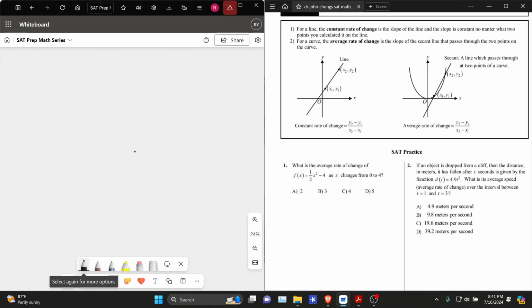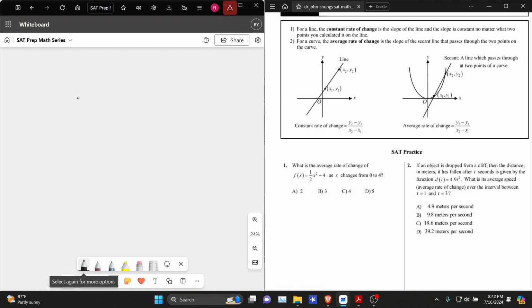When you have an equation and it's giving you 2 x values, in this case t, you just plug those x values in to get their respective y values, and then plug into that average rate of change formula, which is just a slope formula, and then you'll find what the average speed is.